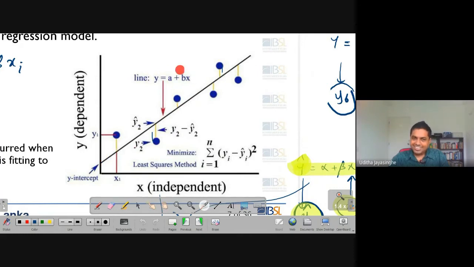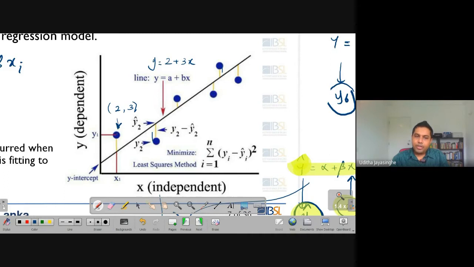This is the format. If I put an example, it is going to be something like y equals 2 plus 3x. Let's say this y1 value is something like this point. I'm going to put some sort of a value here, something like 2 and 3. Yeah, this is that point: 2 is the x value and 3 is the y value.